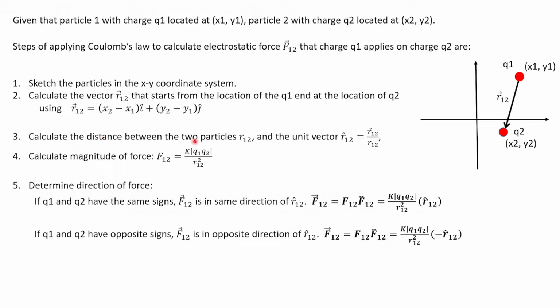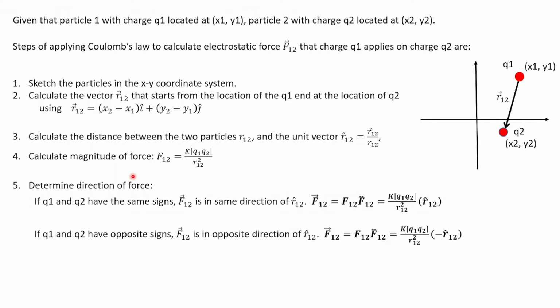Then we can calculate the distance between the two charged particles, which is the magnitude of this vector R12. We can also calculate the unit vector R12 hat, which is the vector R12 divided by its magnitude. This is the direction pointing from Q1 to Q2.